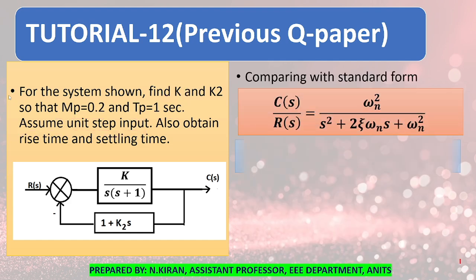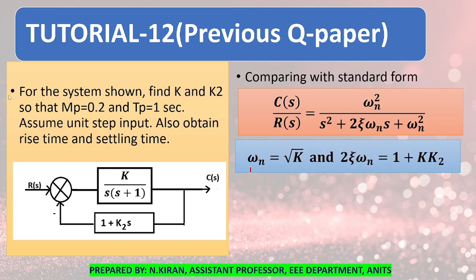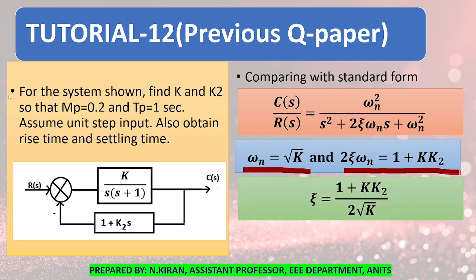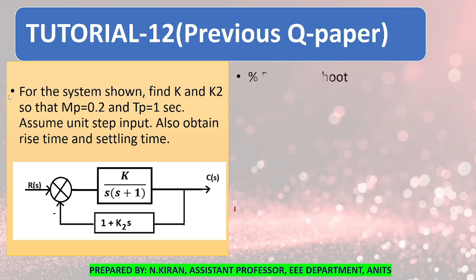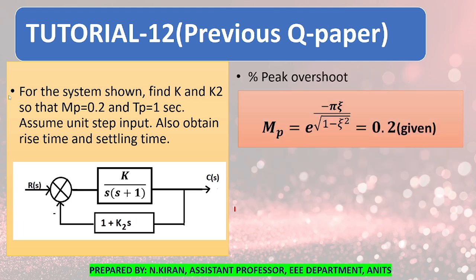Comparing this with my standard form, omega n will be root k, 2 zeta omega n will be 1 plus k into k2. So from that I will get the expression of damping ratio zeta as 1 plus k into k2 by 2 into root k. So now utilizing the given data, the peak overshoot is given as 0.2.